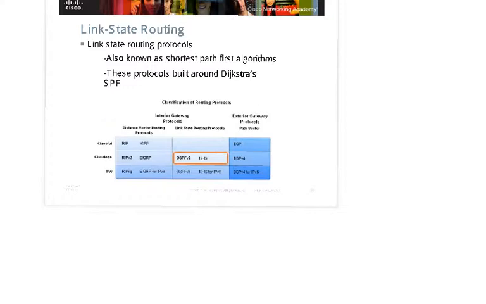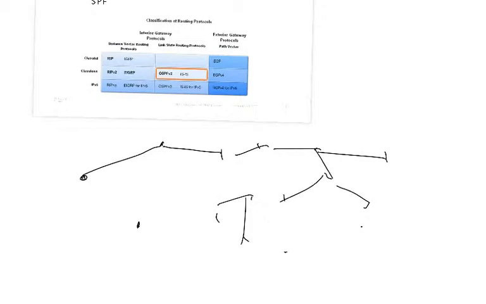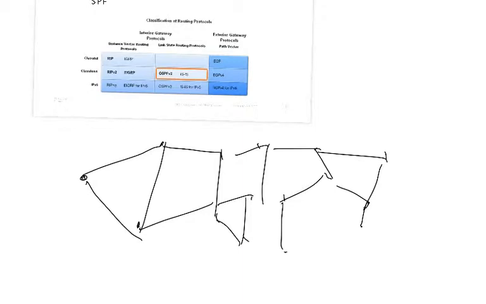Okay, again, assuming that we have a network like this, and I need to know the shortest path from this point, let's say, to this point.